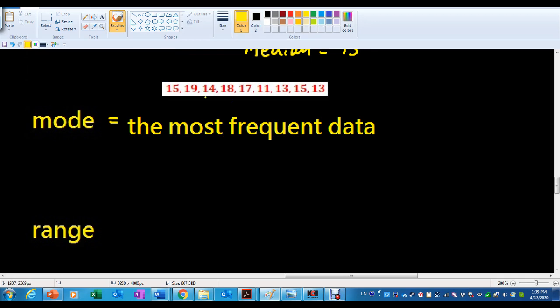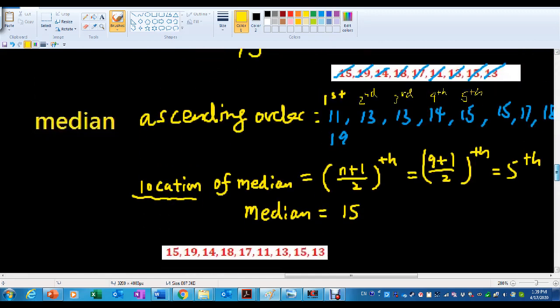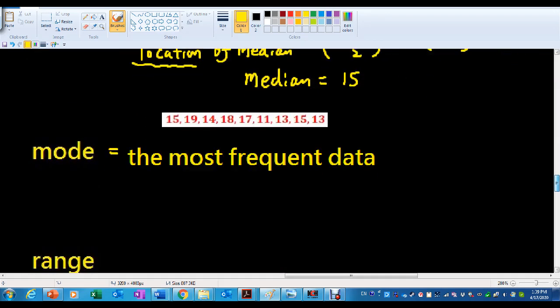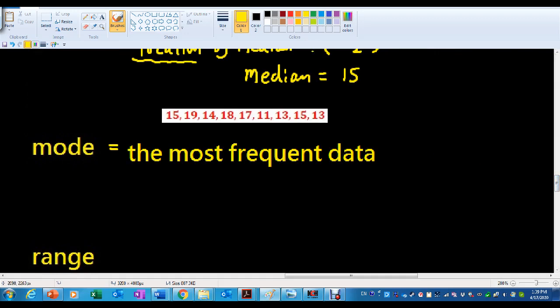You see there are two 13s, and others only appear once. Also 15 appears twice, and others only appear once.